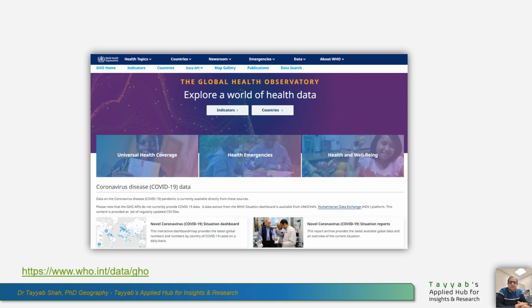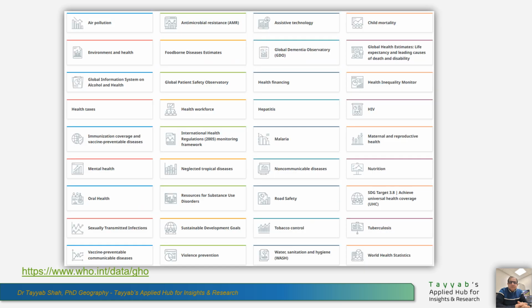And if you want to see further, there is the Global Health Observatory, where they have a lot of information available on the different thematic areas. Those thematic areas, you can see a huge list of them. You can see which area you want to work in, and then you can further narrow down that area and see what kind of papers and issues they have. You need to try to research and contribute some scholarly work in that area by using a quantitative data analysis approach.